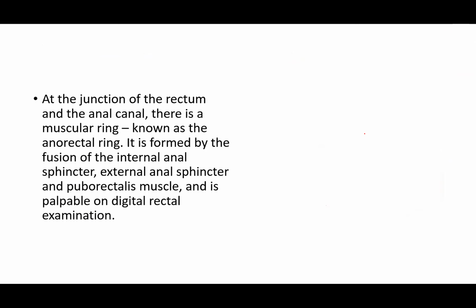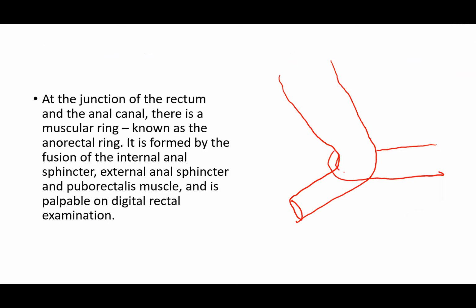Okay, at the junction of the rectum and the anal canal, there is a muscular ring known as the anorectal ring. So if you remember what we said about the curvature, this curvature is caused by a ring that is called the puborectalis muscle.